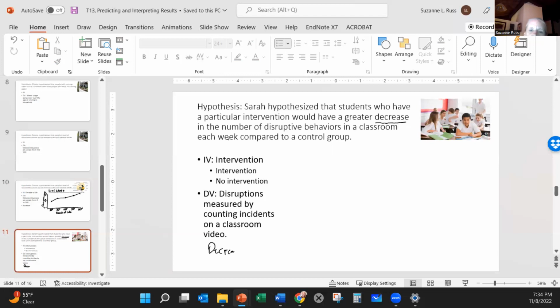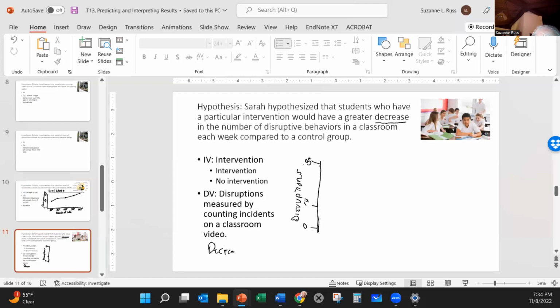So look at how we're going to do this. We're going to still have the same measure for the dependent variable. I'm going to bring it a little lower so I leave room for the title this time. And so we are just looking at disruptions. And I don't know how many disruptions might occur in a classroom, but let's say the range is maybe from 0, which seems extremely unlikely, to 30. 5 a day, maybe on average, I don't know.